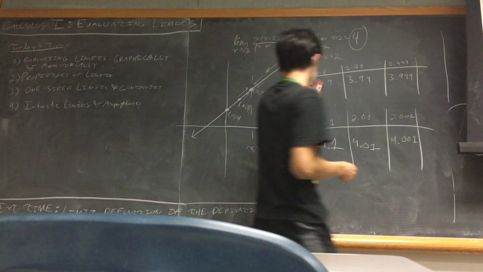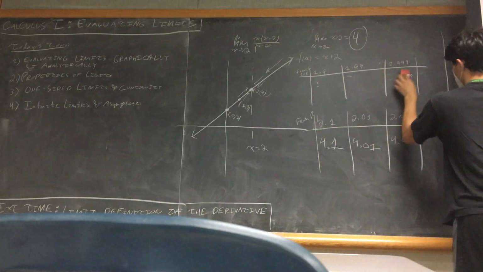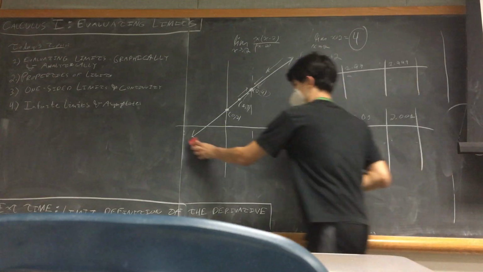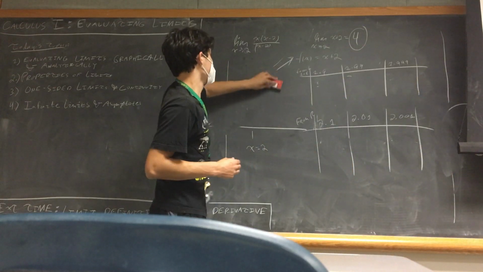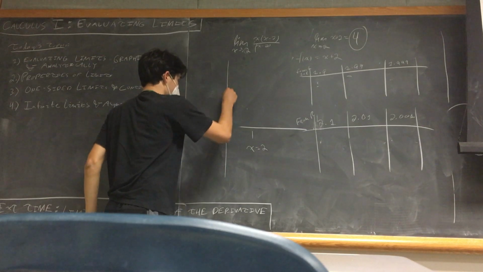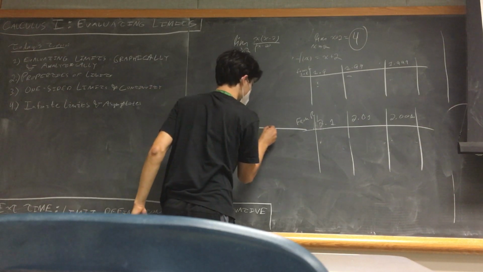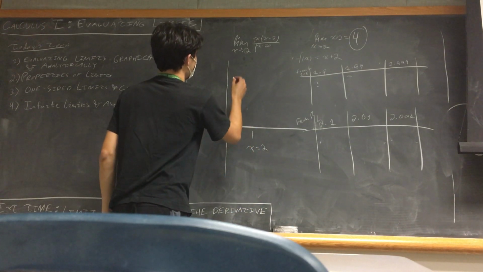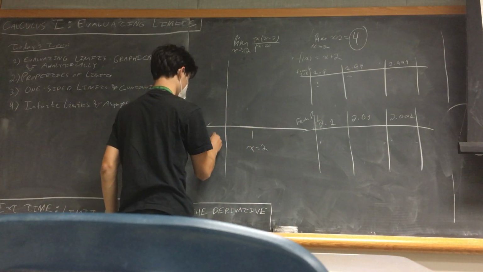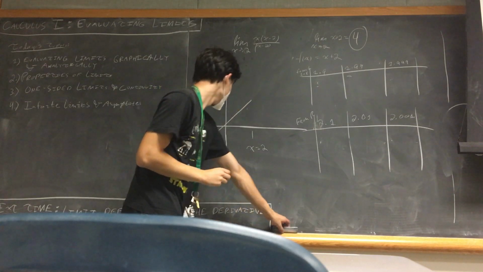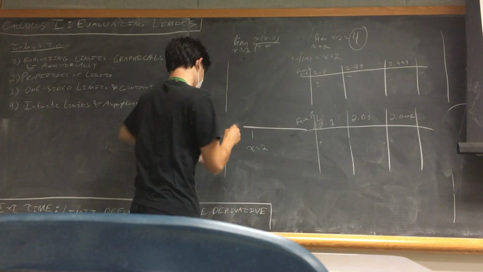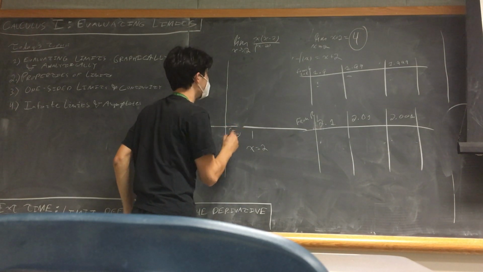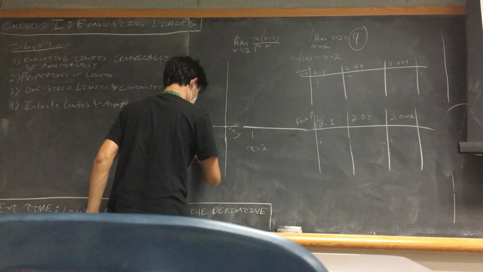If we were to look at this graph, and I'll keep the table of values here because we'll be using this again for this example, we see that this graph looks like this. That should be going through the origin, not just above it. It crosses at the point 0, 0. And it goes up through here like this.